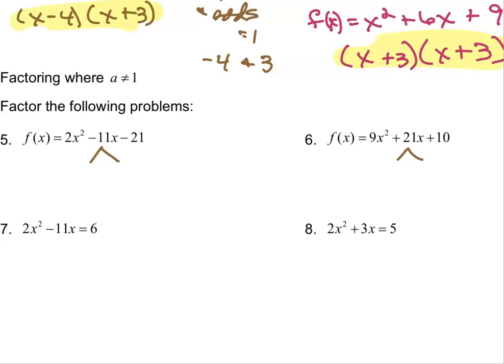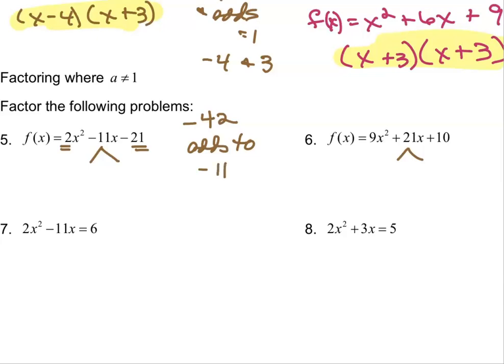When you do this, it is critically important that you say to yourself, what multiplies to 2 times negative 21? That is negative 42. And adds to negative 11.